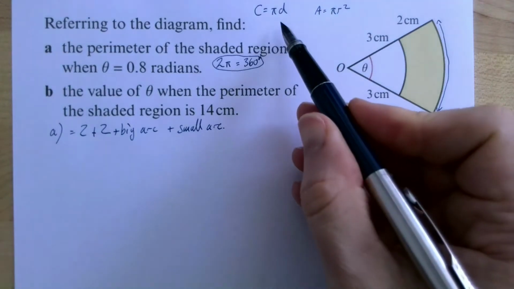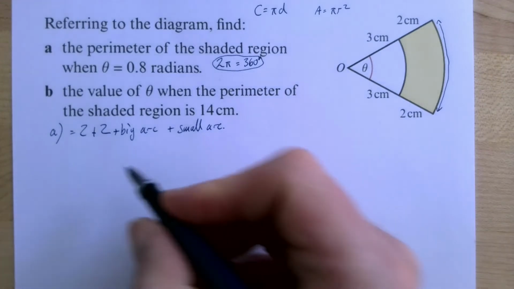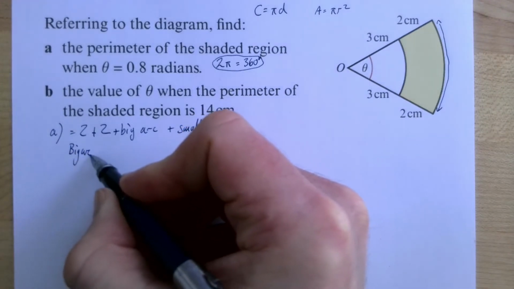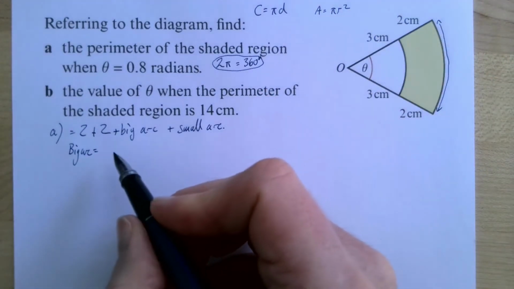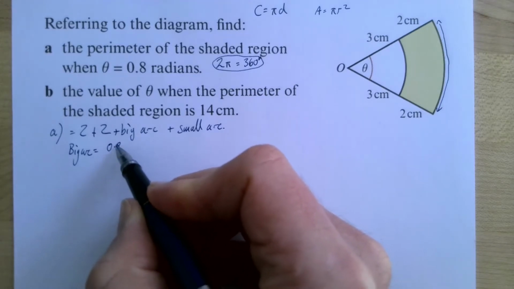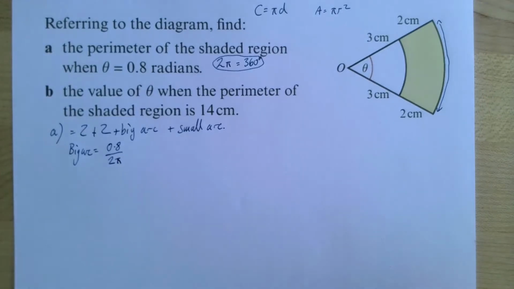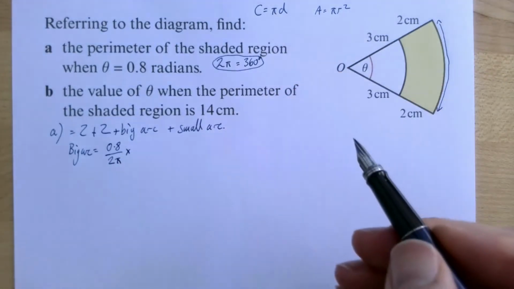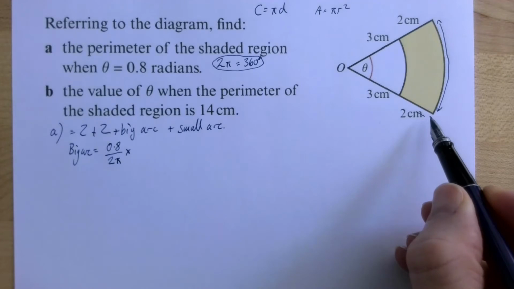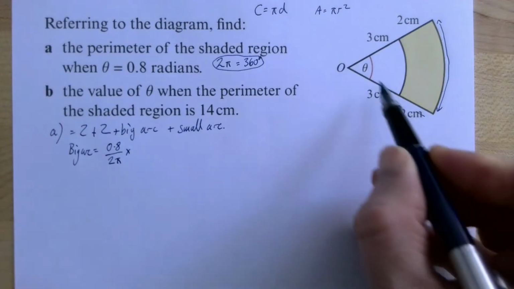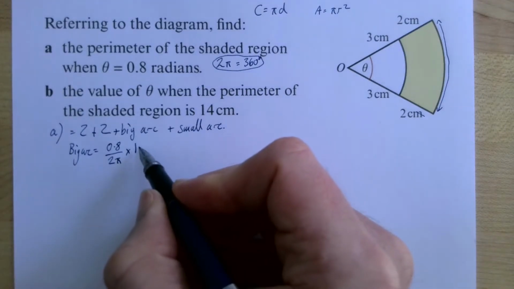As we're looking at circumference, we're thinking about the diameter, so the diameter is going to be double whatever the radius is, isn't it? So for the big arc, the arc, sorry, is going to be 0.8 over 2 pi, because 2 pi is the whole circle, multiplied by the diameter. And the diameter for the big arc is going to be 5 radius, double that makes 10, doesn't it, for the diameter?